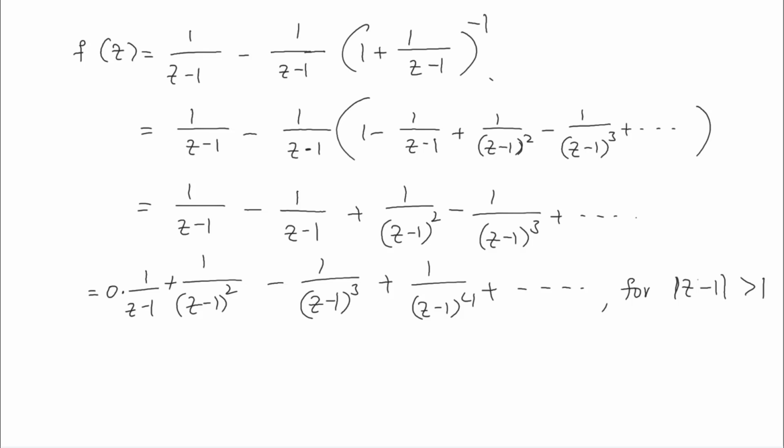Now we can see that the coefficient of the term 1 divided by z minus 1 in the Laurent series expansion is nothing but 0.